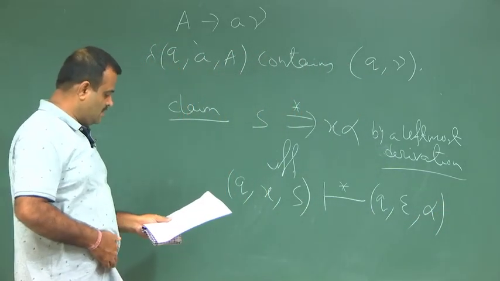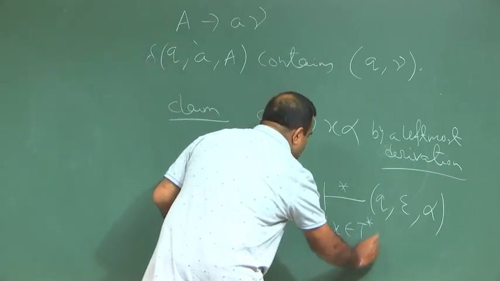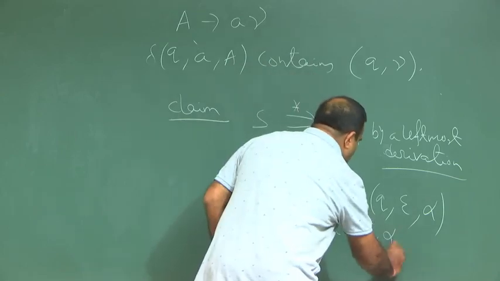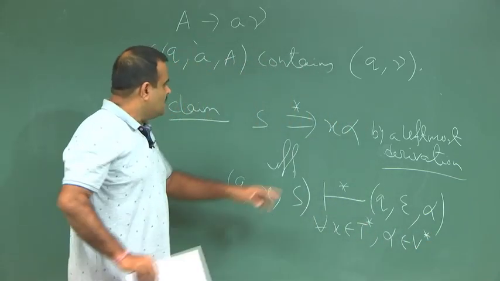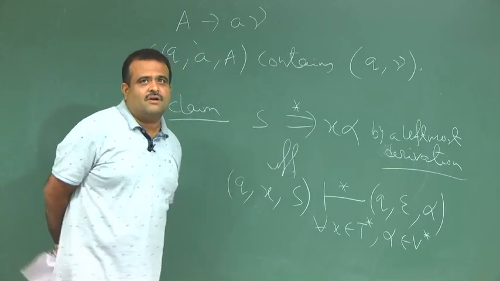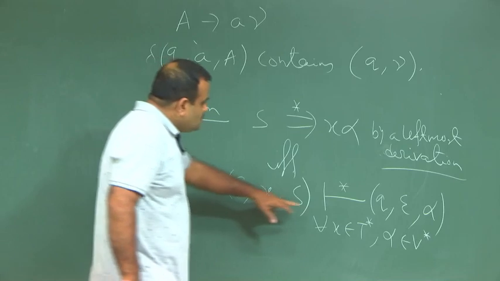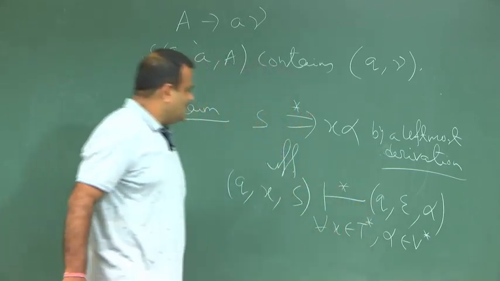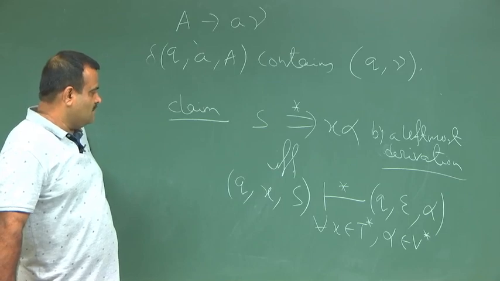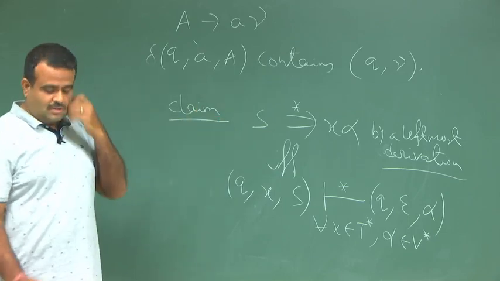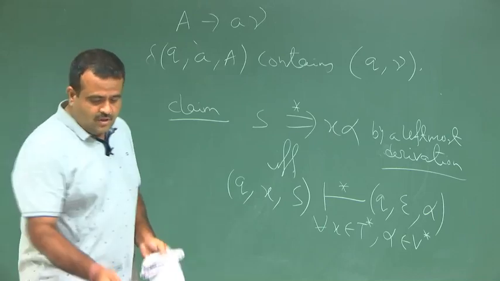Okay. This is true for all x, and all alpha belonging to V star. Now, if alpha is empty, then this is a string of the language generated by this grammar, and also this is accepted by this, q epsilon alpha. So, this proof, we can easily verify.